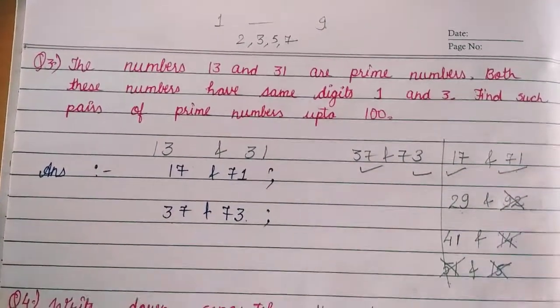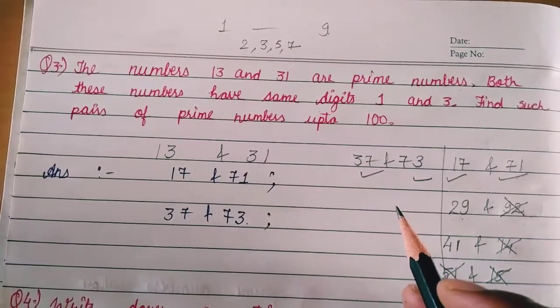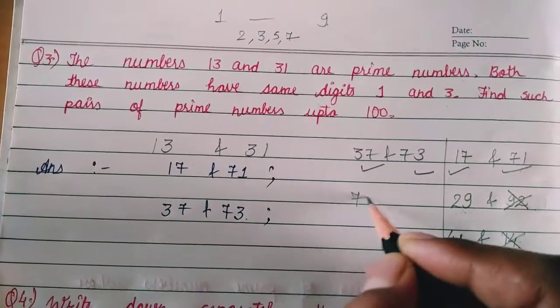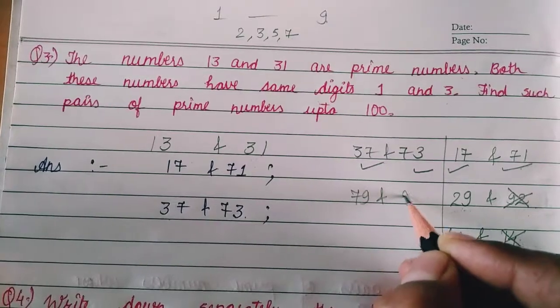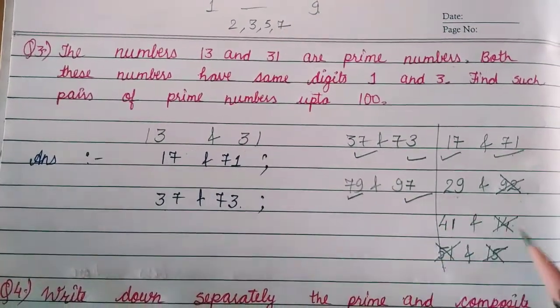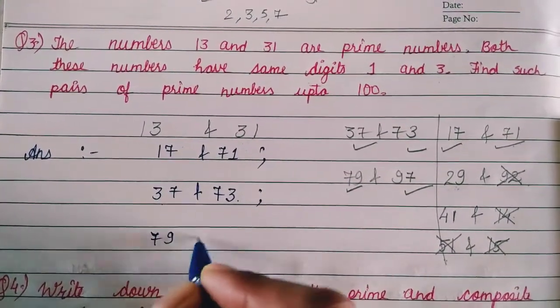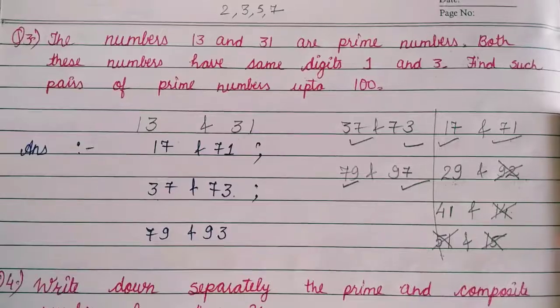Then if we continue moving, we have the next numbers 79 and 97. 79 is a prime number, 97 is a prime number. So the next pair is 79 and 97.